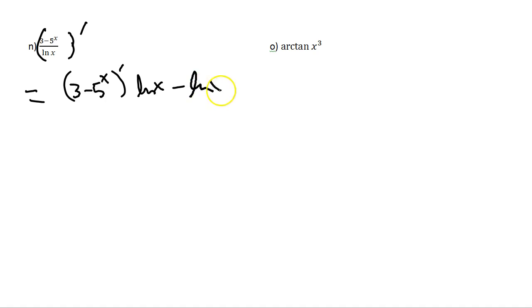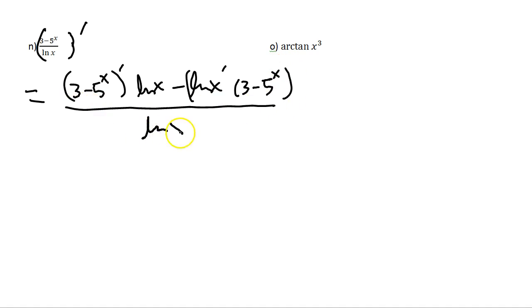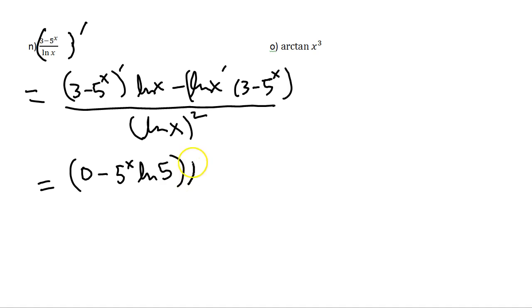Alright, this one, this is a quotient, so let's apply the quotient rule. Differentiate this, multiply the bottom, minus, differentiate the bottom, multiply the top, divided by the bottom squared. 3 differentiates to 0, 5 to the x differentiates to 5 to the x ln of 5, ln of x.